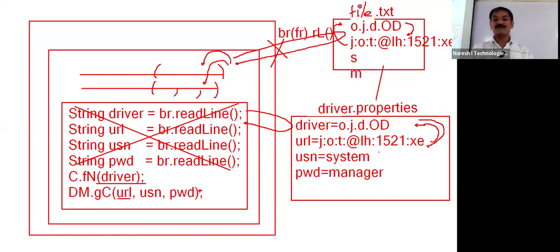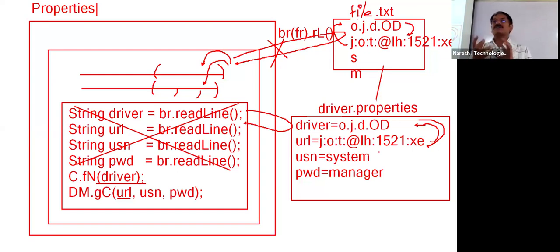Now we have to learn how to read this properties file value in a Java program, and how to update the properties file value from the Java program. That is where a collection class comes in, called Properties. The Properties class is not meant for storing normal key-value pairs. It is used for storing permanent key-value pairs in a file, and further reading them from the properties file.